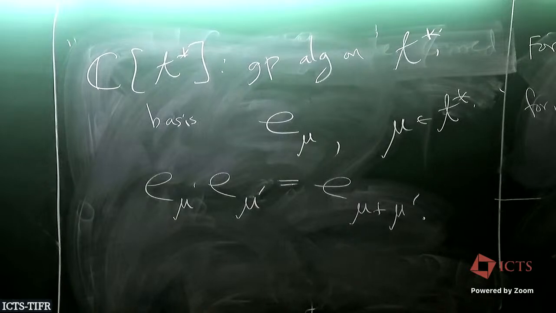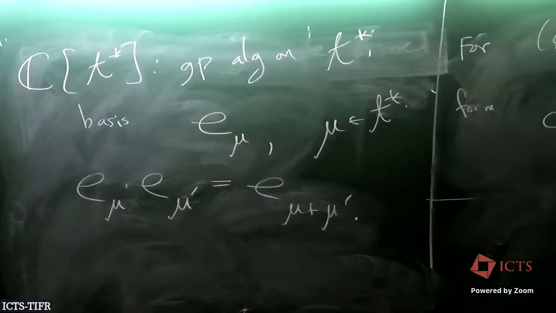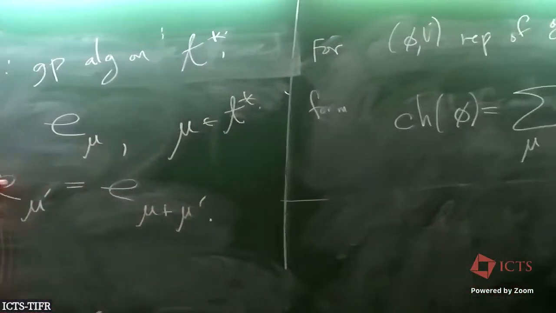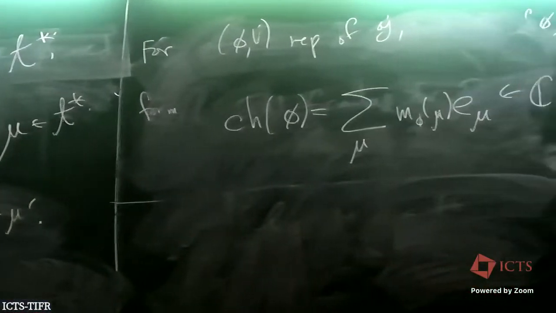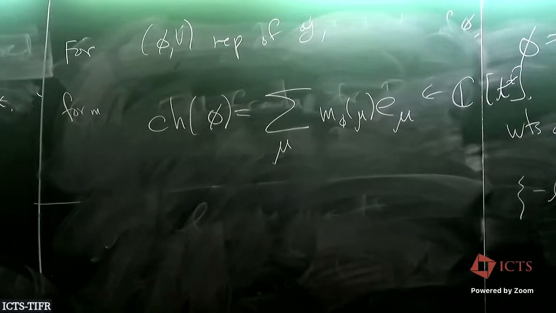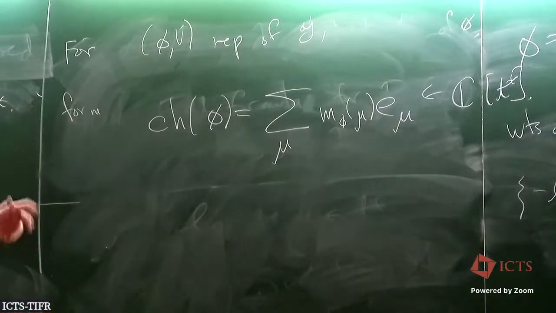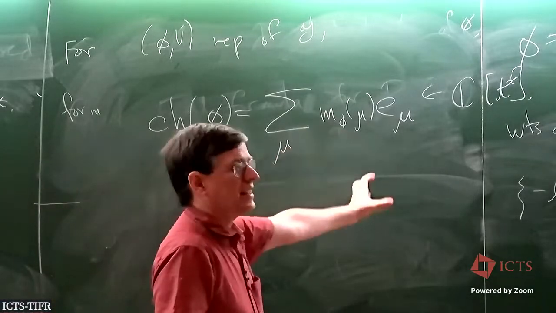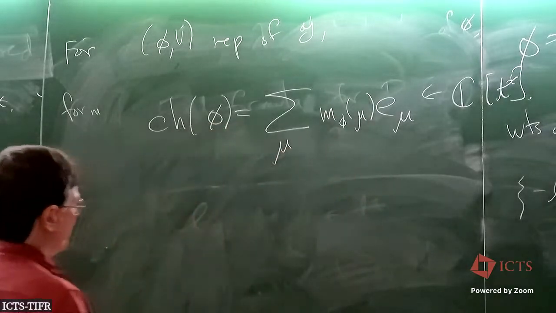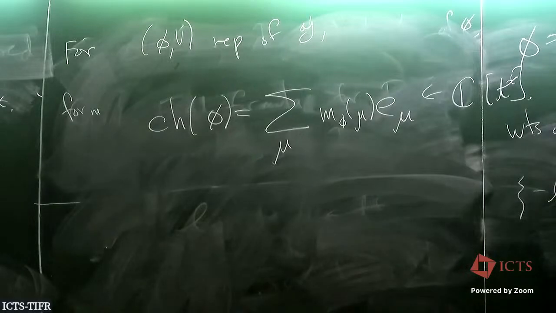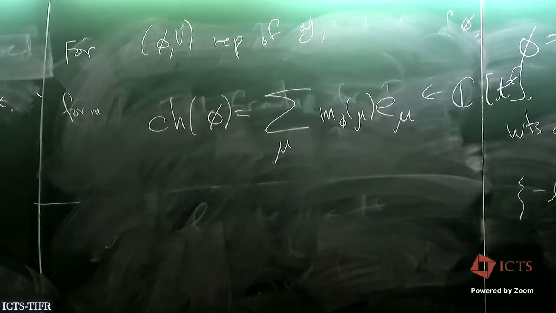But this one sits inside this group algebra, so it's a different place with a different kind of multiplication. This is called the character. And if your representation was the derivative of a Lie group representation, it wouldn't be hard to get the literal character from this using exponentials. So that's one ingredient.